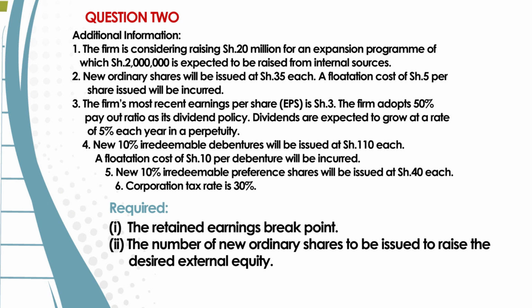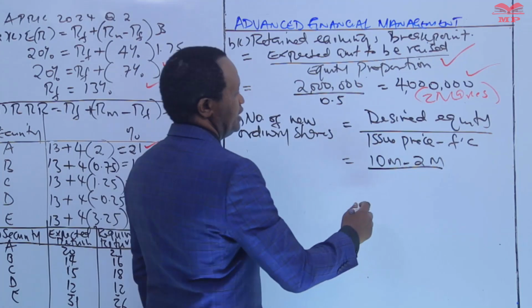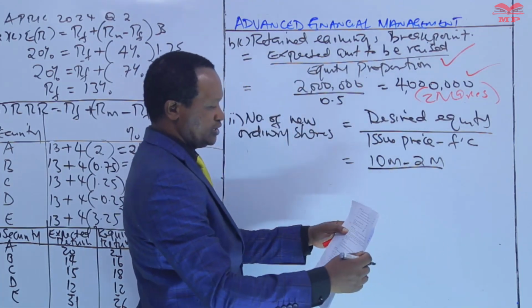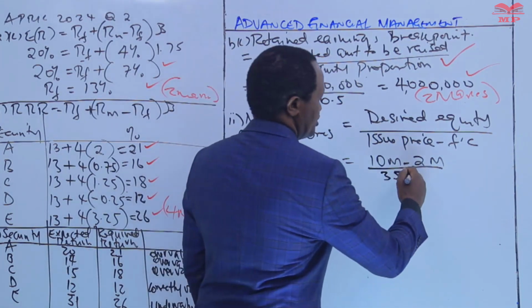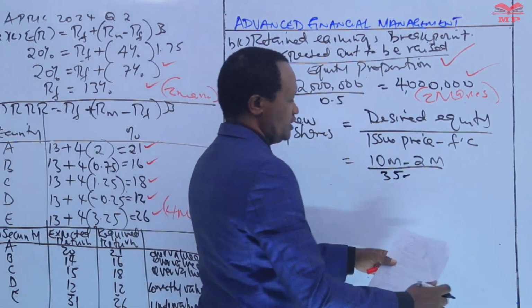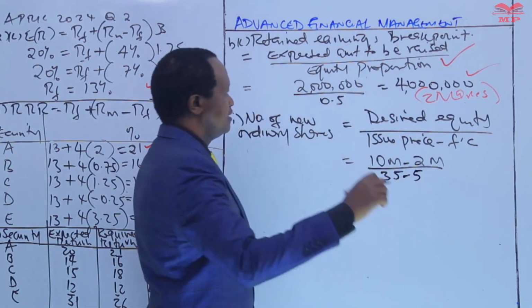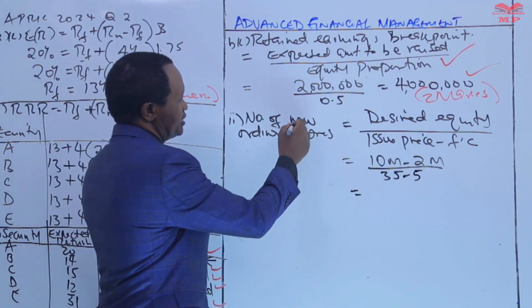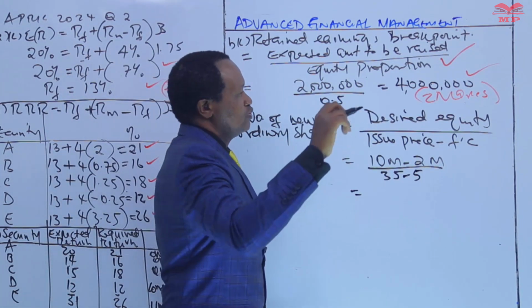These shares will be issued to new shareholders. So we have to deduct 2 million. Then we divide by the issue price. We are told that the issue price is 35 shillings. Then you have to deduct, because you are issuing, there will be flotation costs of 5 shillings per share. So that will be the number of new ordinary shares that the company desires to raise.